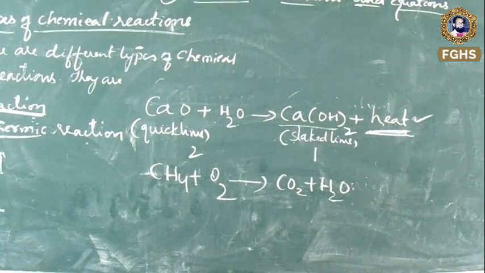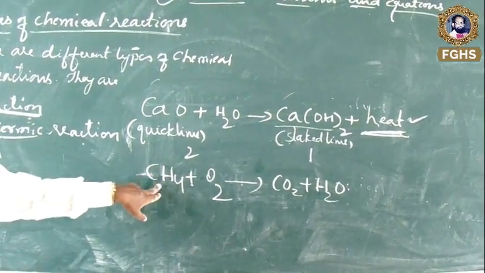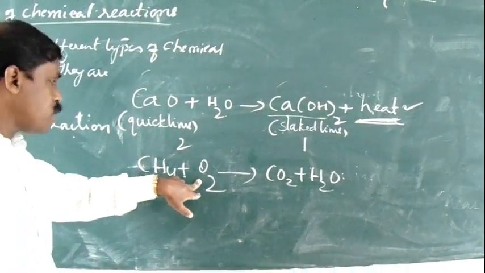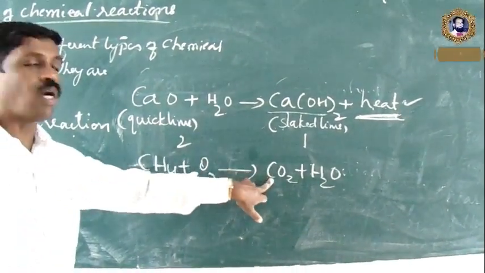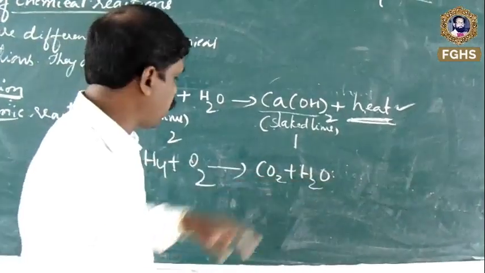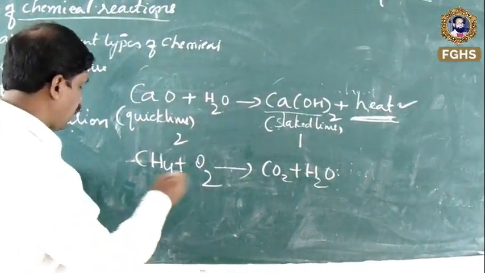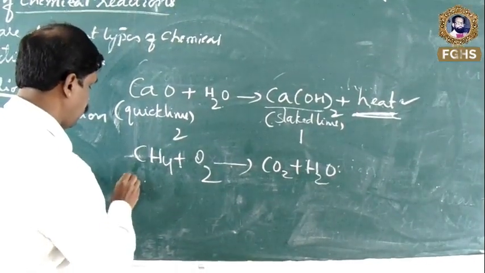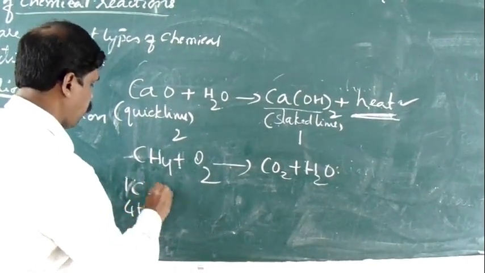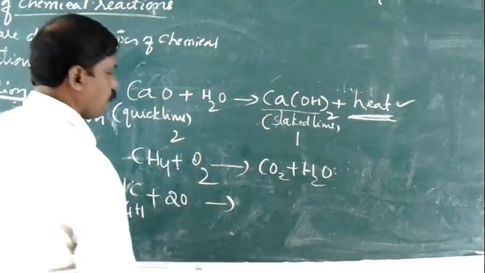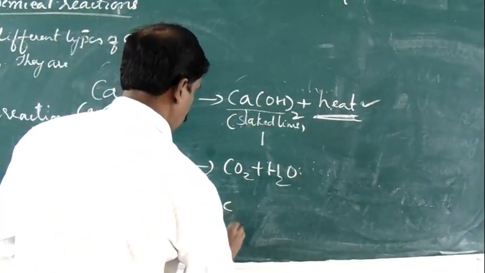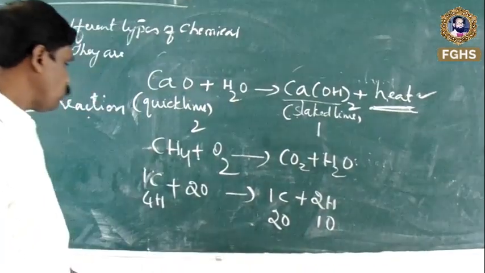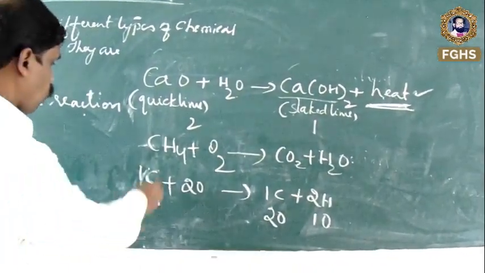CH4, methane, which is called natural gas, burns in the presence of oxygen to give carbon dioxide plus water. Let me balance the equation here. 1C, 4H on this side, 2O; on the other side 1C, 2O, 2H, 1O.